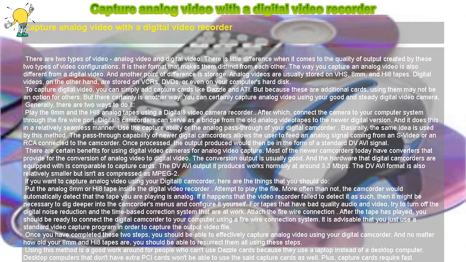More often than not, the camcorder would automatically detect that the tape you are playing is analog. If it happens that the video recorder failed to detect it as such, then it might be necessary to dig deeper into the camcorder's menus and configure it yourself.